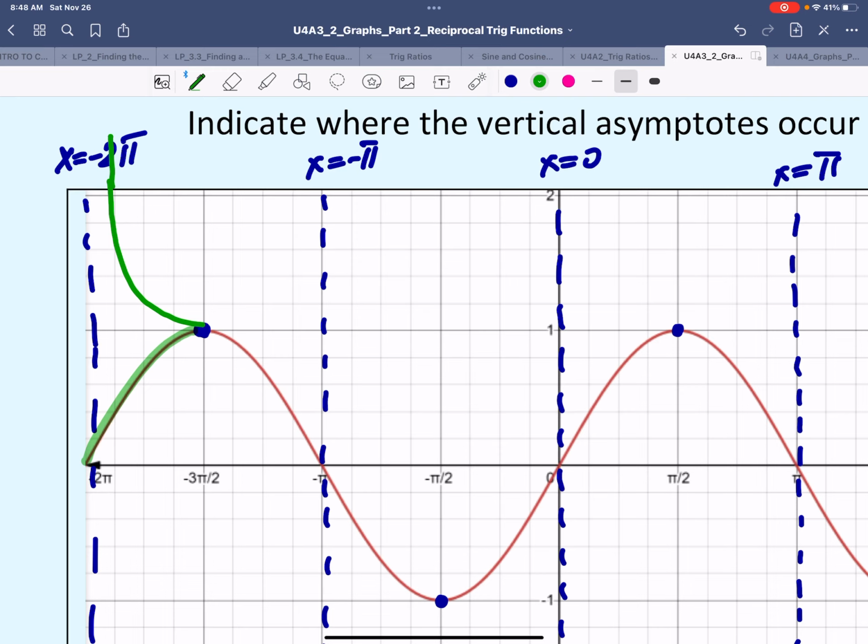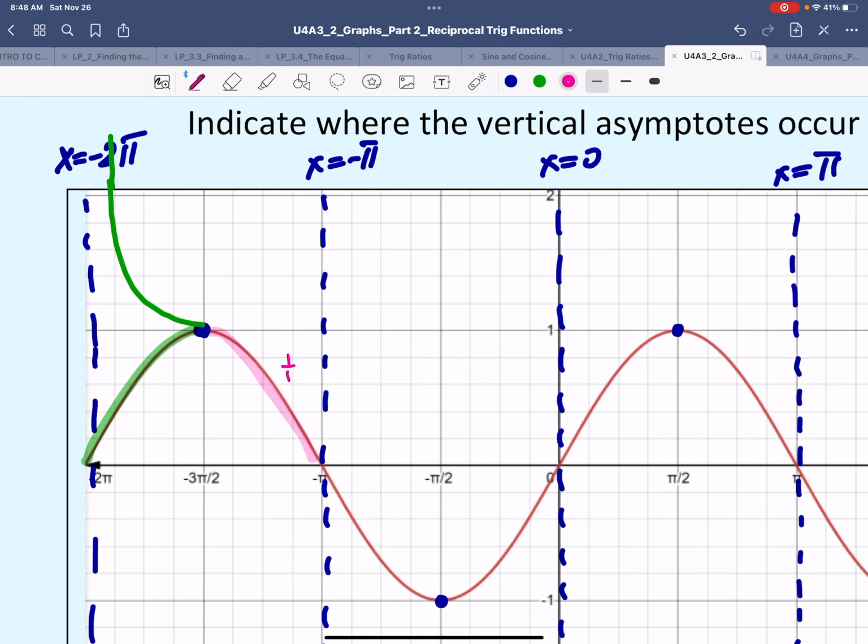Okay, so next we are going to revisit the sine function, and we are looking into this interval. As you can see here, the sine function is decreasing, which tells us that the reciprocal should be 1 divided by a decreasing value.